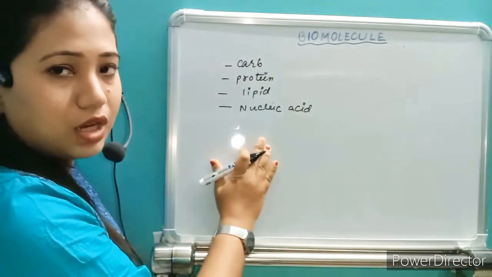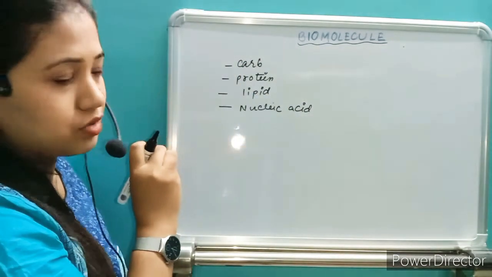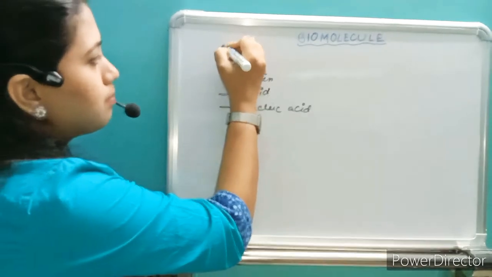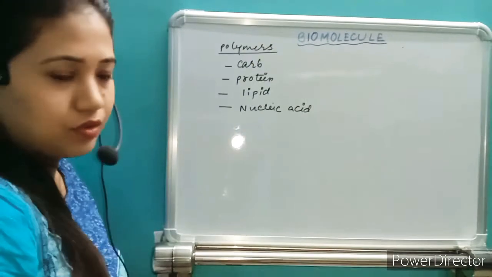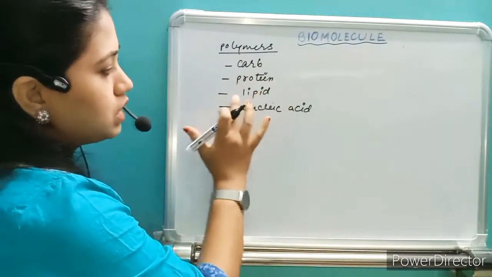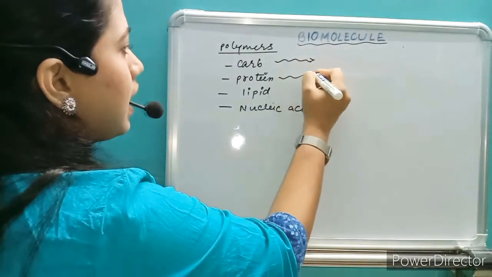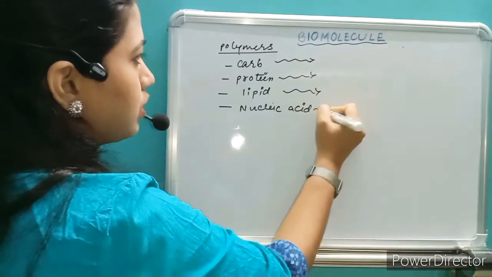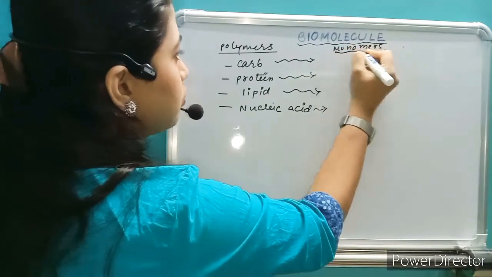Now these biomolecules have complex structures. So these are actually polymers. Remember, carbohydrate, protein, lipid and nucleic acid are polymers, and what are their monomers? Monomers means those units.